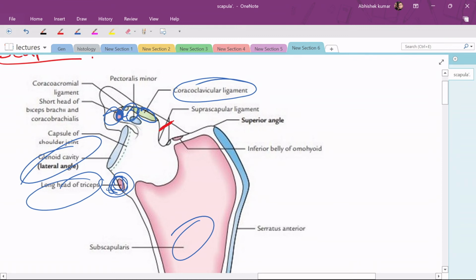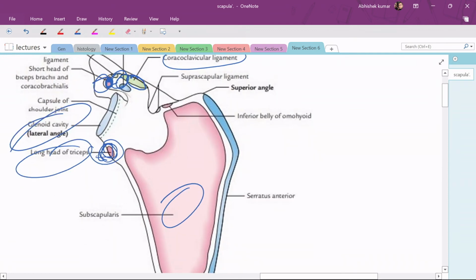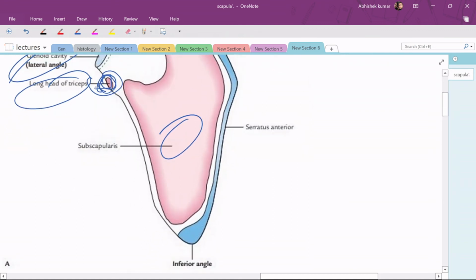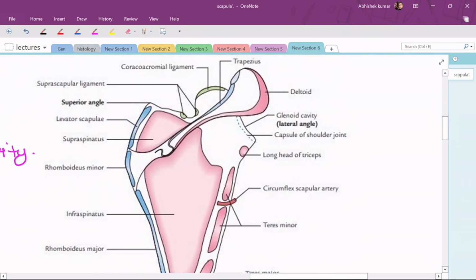So when it ossifies, a bone is formed here, and because of that bone a space is formed in between the suprascapular ligament and the junction of the two processes. And actually this junction allows blood vessels and nerves to come from the dorsal part to the costal side. Now let's talk about the second one.